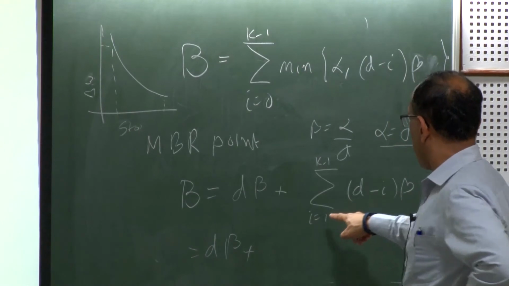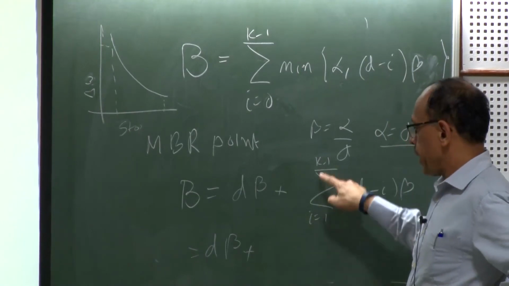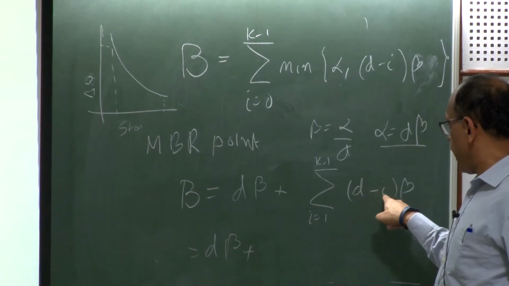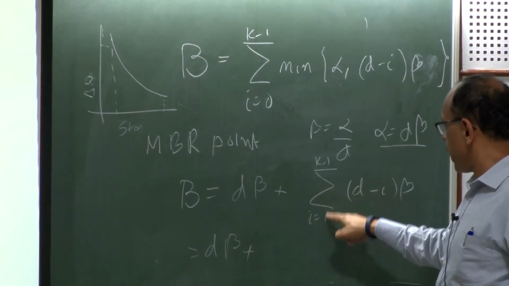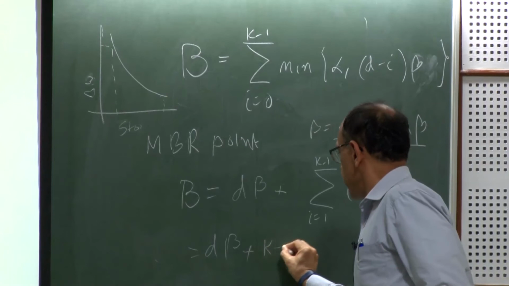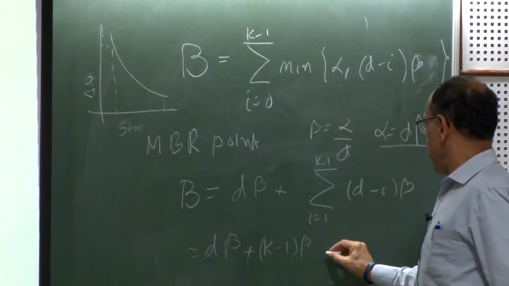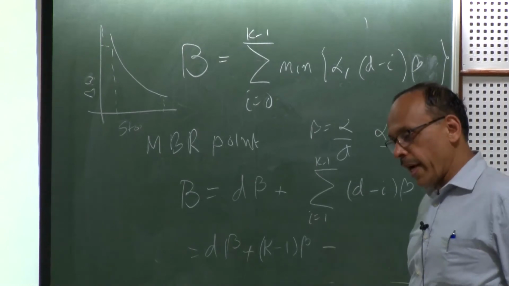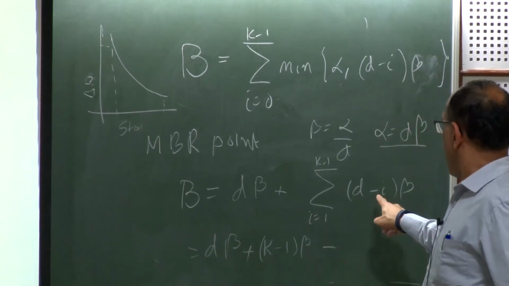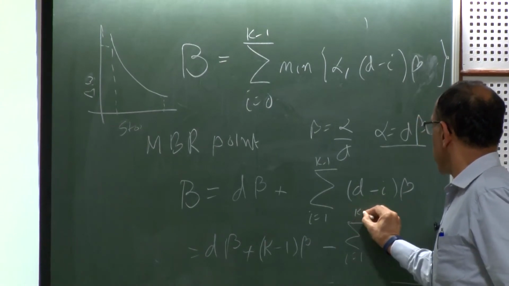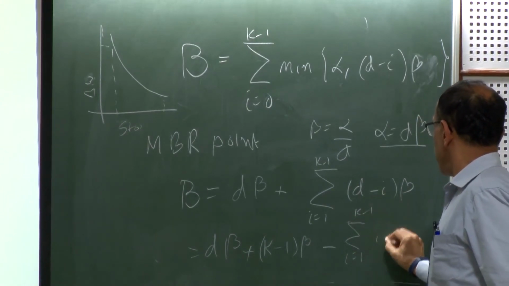So how many things are here? See, the d beta doesn't have i, so I can take d beta out, and there are k minus 1 of them. So you can say k minus 1 times d beta. Then I have minus sigma i equals 1 to k minus 1 of i beta.